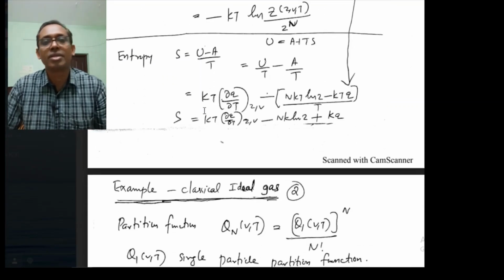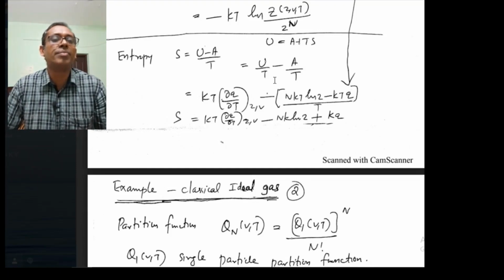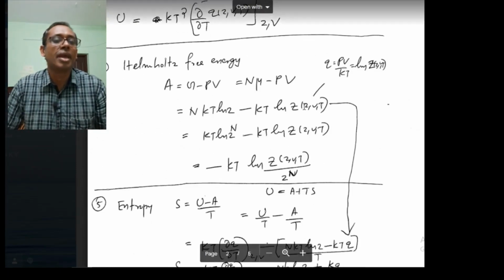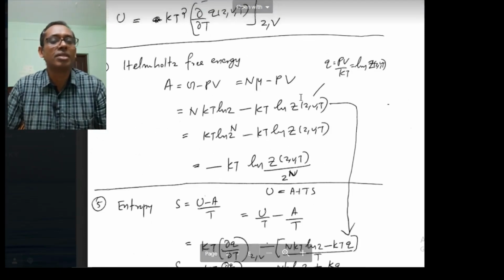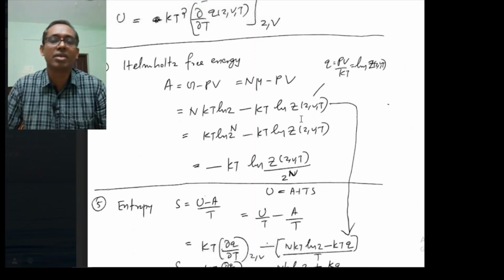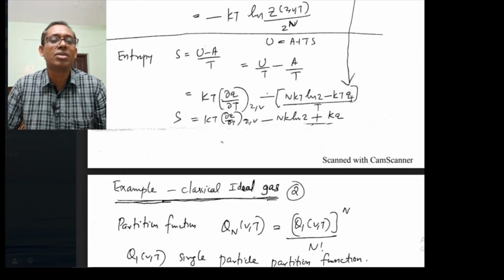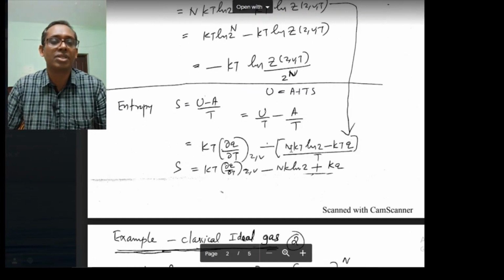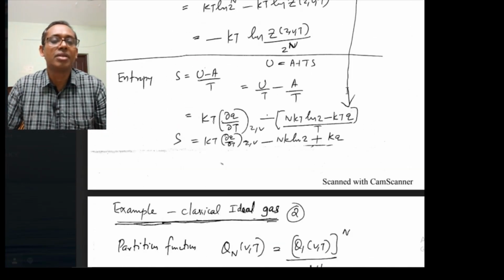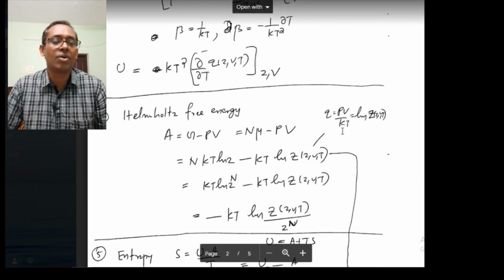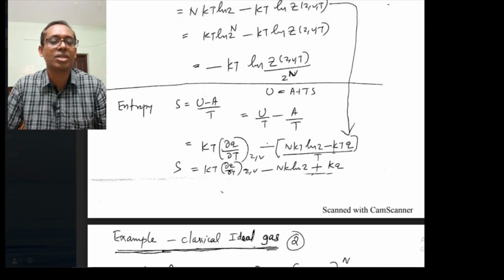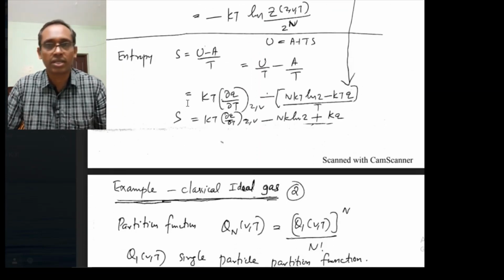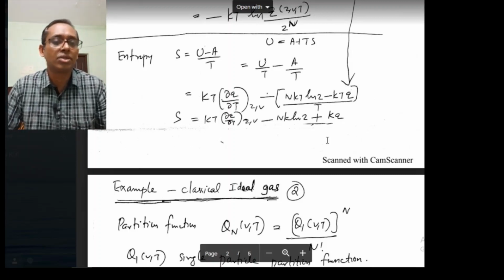So I will get kT dou log Q by dou T. A I am taking from this expression, kT log z minus kT log of the grand partition function. The log of the grand partition function is the Q potential. So I get the expression for entropy.